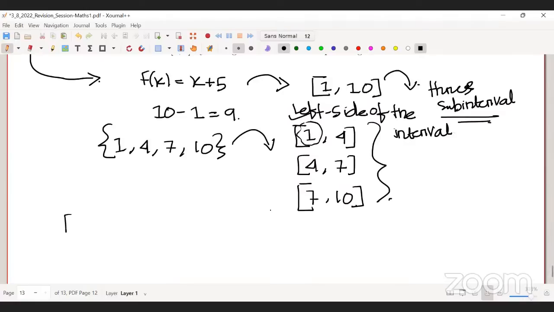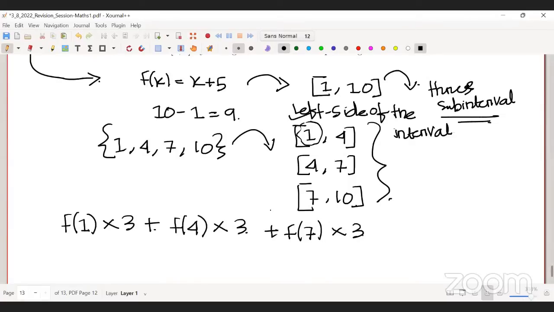So I have to take f of 1 times the length of the interval, which is 3. The next is f of 4 times 3, because the lengths of all the intervals are the same. Then f of 7 times 3. So this is nothing but 3 into f of 1 plus f of 4 plus f of 7.